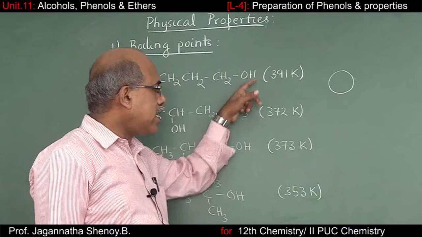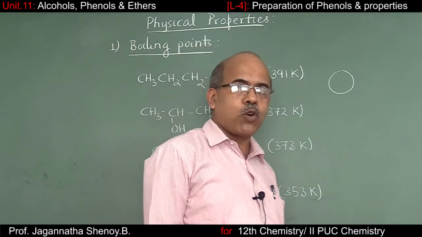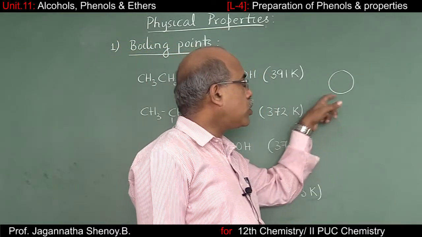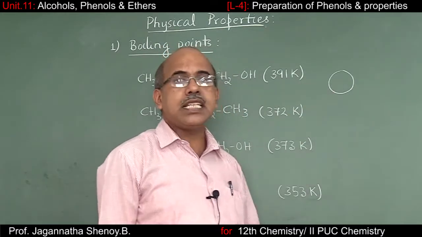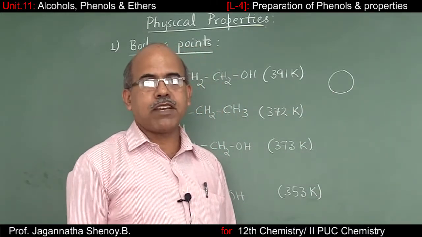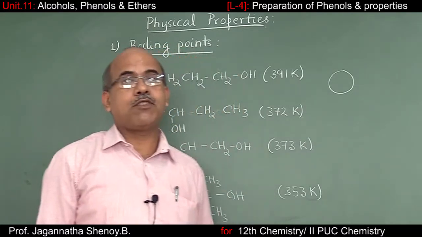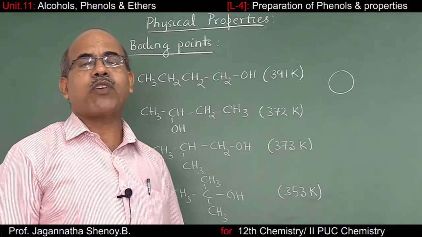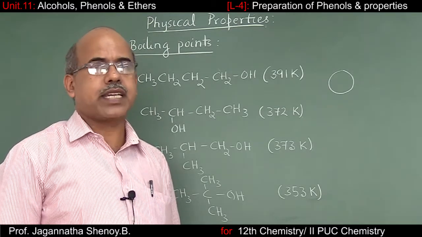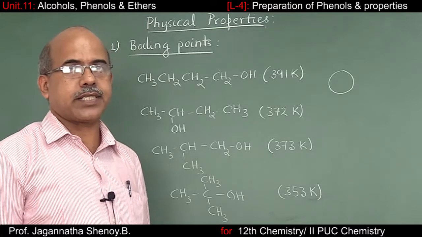So the magnitude of van der Waals forces of attraction decreases. What about the amount of energy required to separate the molecules? It decreases. Hence, the boiling point must decrease.